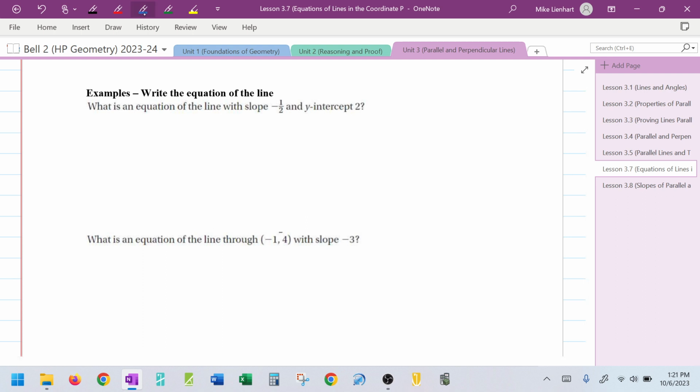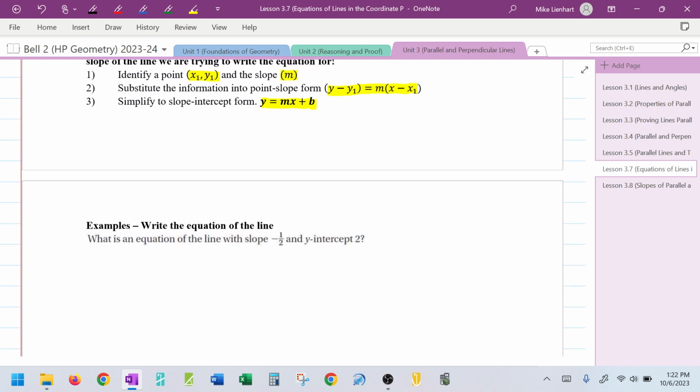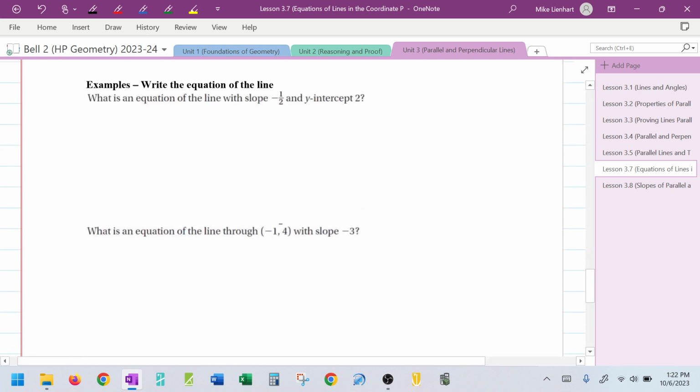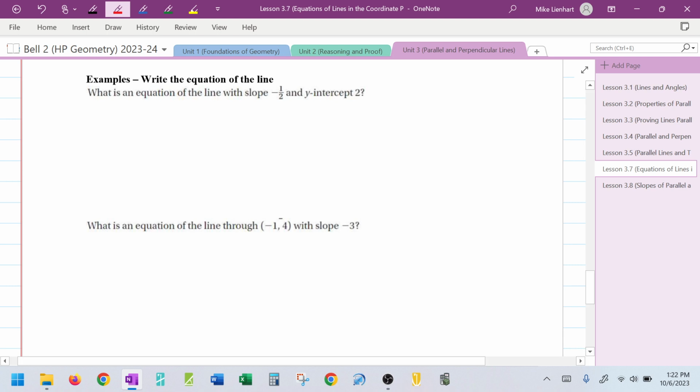Remember again, point slope is y minus y1 equals m times x minus x1. I've got a slope of negative 1/2. I've got a y-intercept of 2, which means the point 0, 2. I plug it in: y minus 2 equals negative 1/2 times x minus 0.